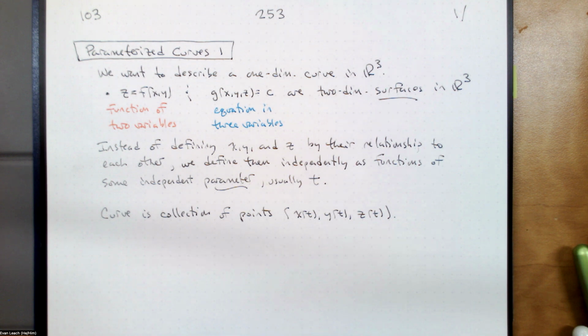We usually have to specify some range of values of t we're going to plug in. So t for all real numbers, or t between 0 and 2 pi. Those are going to be two popular choices. Sometimes we go with t between 0 and 1, because that's convenient for us.